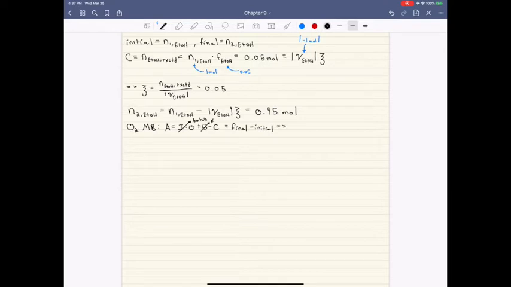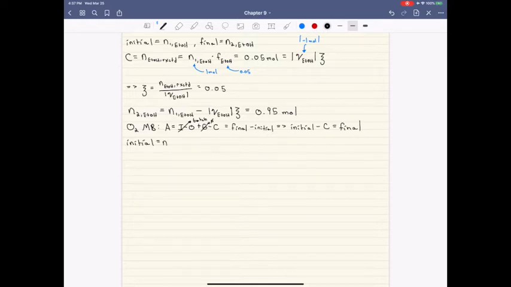Therefore, once again, our initial minus the consumption is equal to the final amount. All right, so let's fill in for all these values. For the initial amount, this is going to be very similar to what we did for the ethanol.